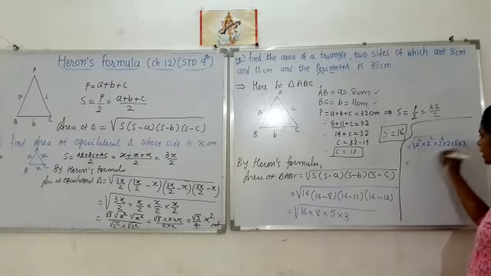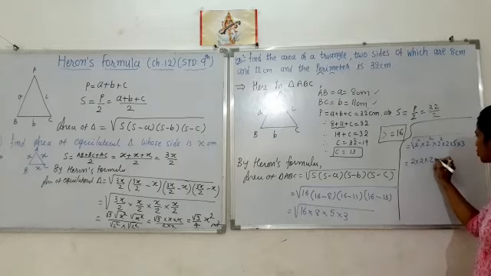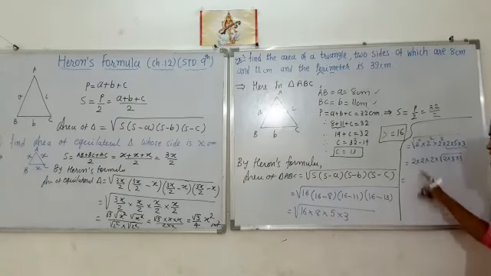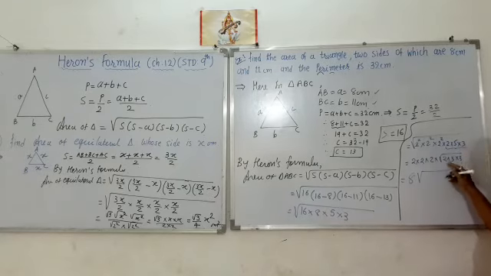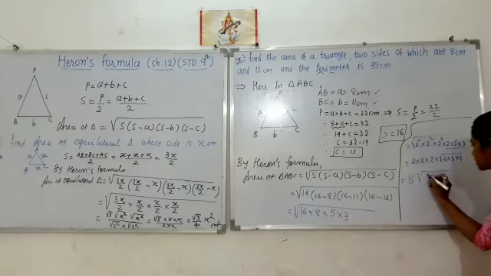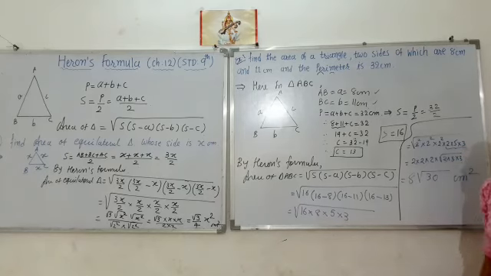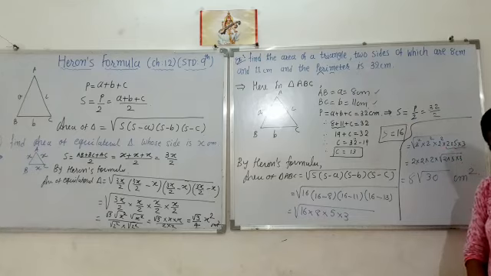Now remove the square root, so the square root will be cancelled. So here 2 into 2 stays outside and inside the bracket 2 into 5 into 3. So your answer is: 2 twos are 4, 4 twos are 8 outside the square root, 2 fives are 10, and 10 threes are 30 centimeter square. So this is the area of the given triangle.